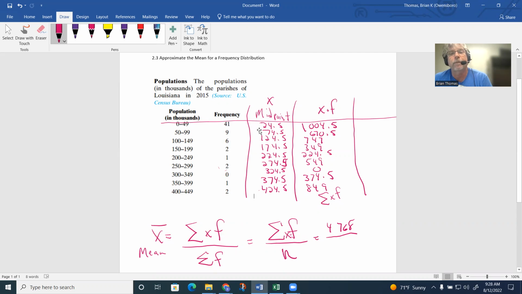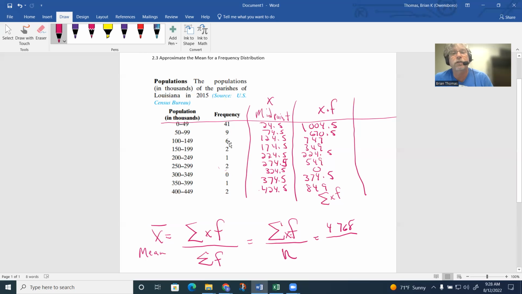So these values of 24.5, 74.5 and 124.5 are going to be carrying a lot of weight since there are so many of these. I have a feeling the mean is going to be down in this range as opposed to way up around 424, because we didn't have that many up in the upper area. The bulk of the data based on the frequencies is here in the top part.